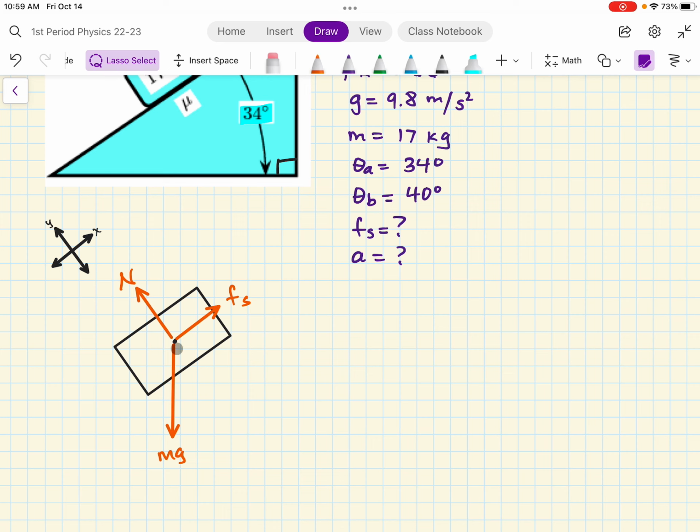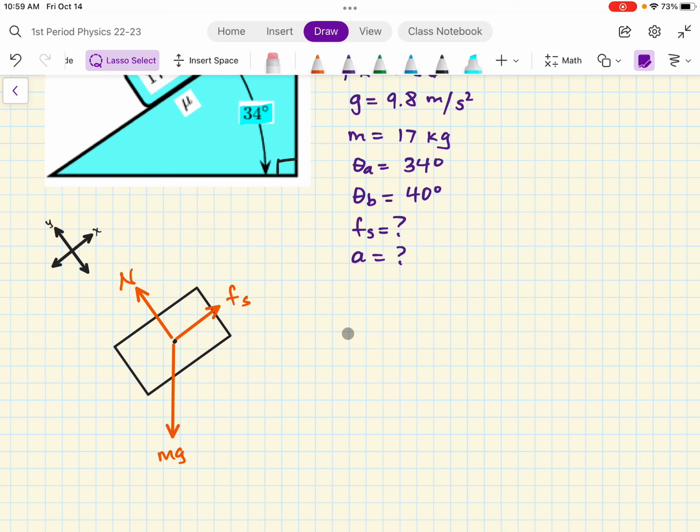That means we have to use trigonometry to find the components, because we have a component of the weight which is acting along the y-axis, which is in a way acting against the normal force. Likewise, we have a component of the weight along the x-axis acting against the static friction. Okay? And we'll deal with that.